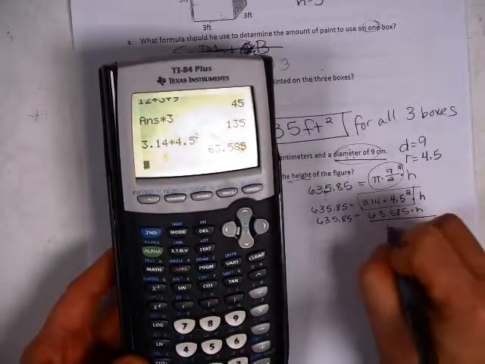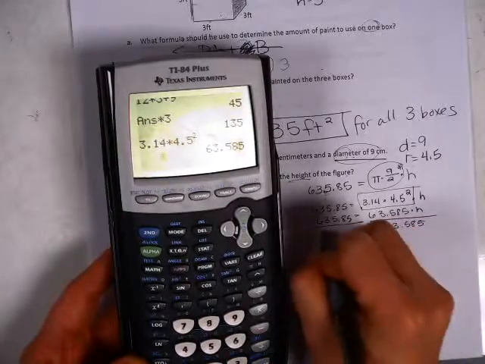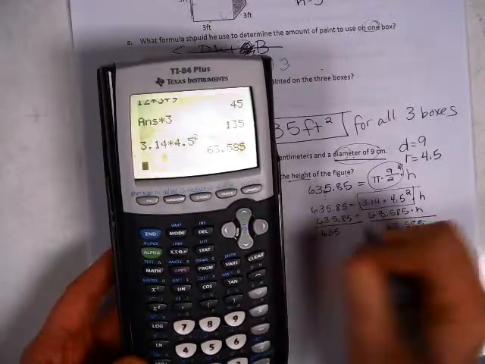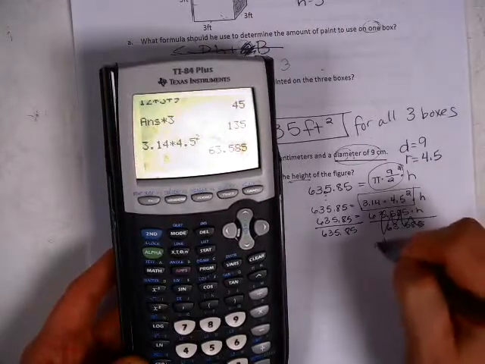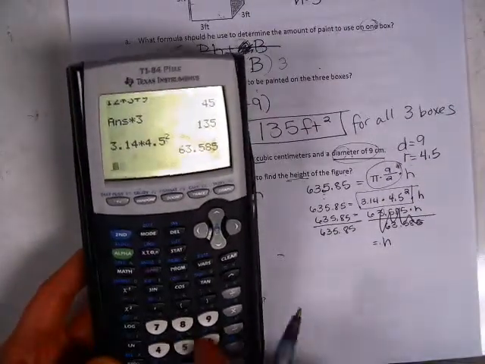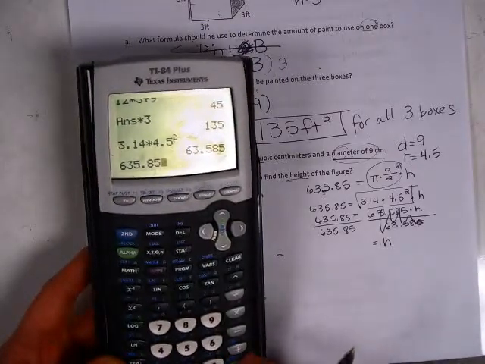So now we're going to divide on both sides. This goes away and you're left with just h. So 6, and notice all that has changed between these two numbers is the decimal.